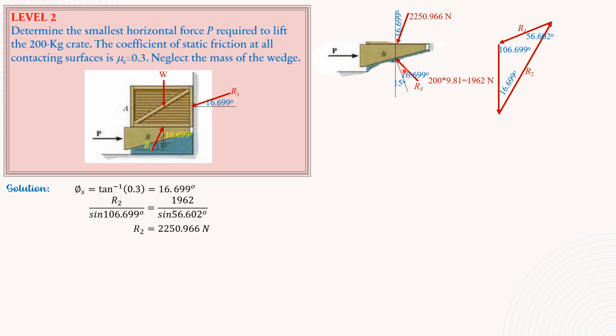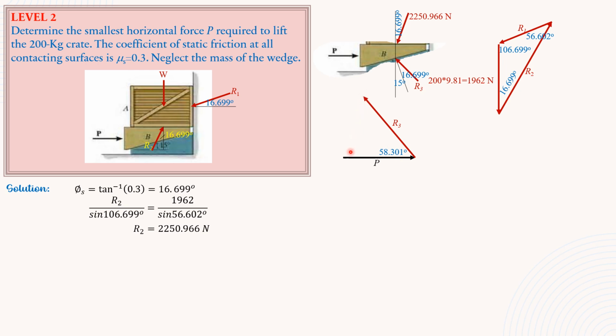So we draw the force triangle for these forces here. We have P, then R3. R3 makes an angle with the vertical of 15 degrees plus 16.699. Therefore, the angle it makes with the horizontal is 90 degrees minus 15 degrees minus 16.699 degrees, and that is 58.301 degrees.